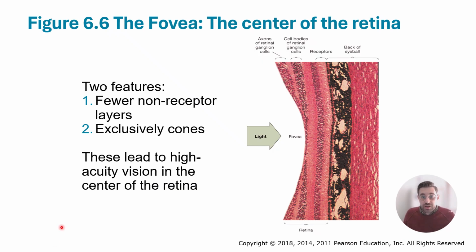There's a few features of that retina that are really important to how we see. And the first feature is that the center of your retina is a bit different than the rest of your eye. And the center of your retina is referred to as the fovea. Sometimes it's also referred to as the macula, but the fovea is the term we're going to use here.